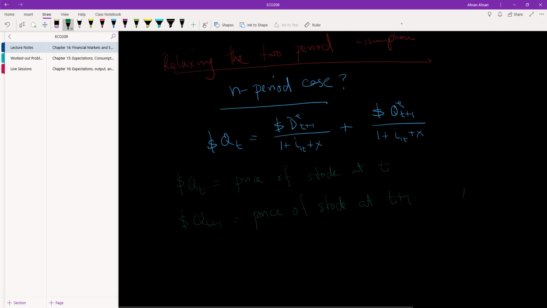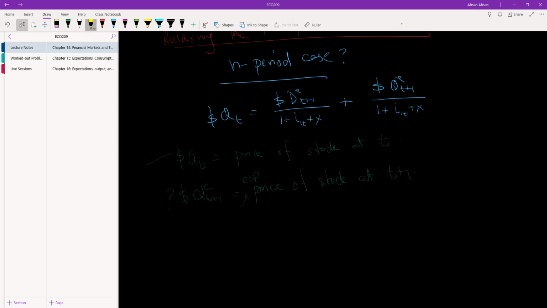Let's then write the formula. We're trying to calculate the expected stock price at period t plus 1. We know the formula for this. What will be the formula for this?